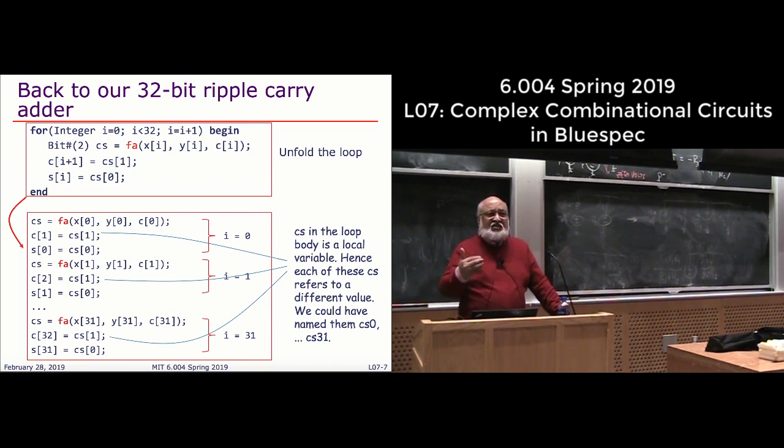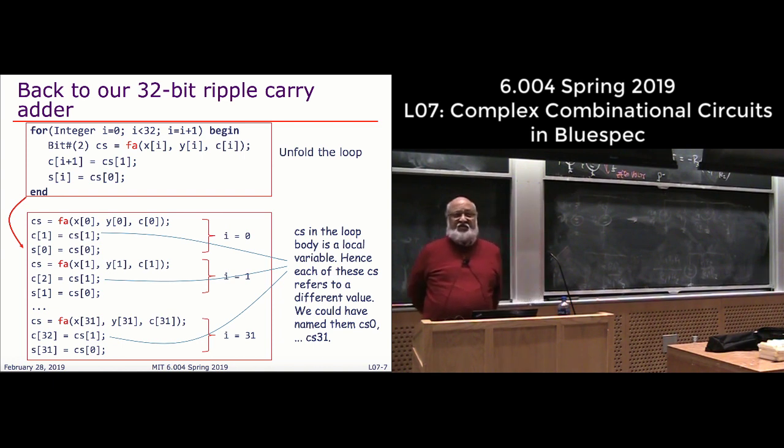So you can keep doing this, right? You can do it 32 times, and if you keep doing it, ultimately you will get this unfolded circuit. So please remember, we write loops, but the compiler is always going to unfold them. All right? Always going to unfold them.